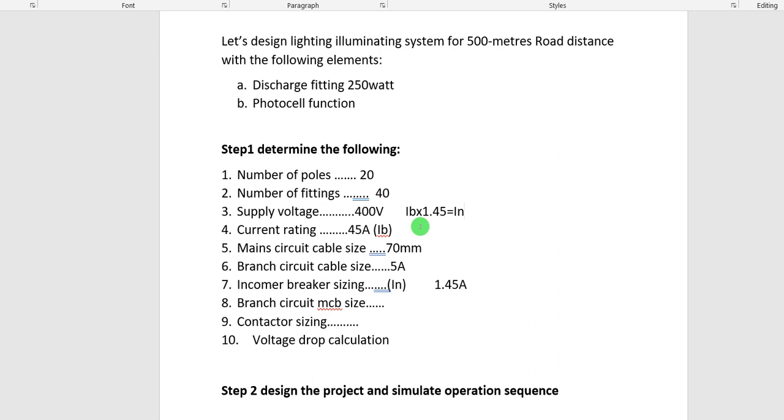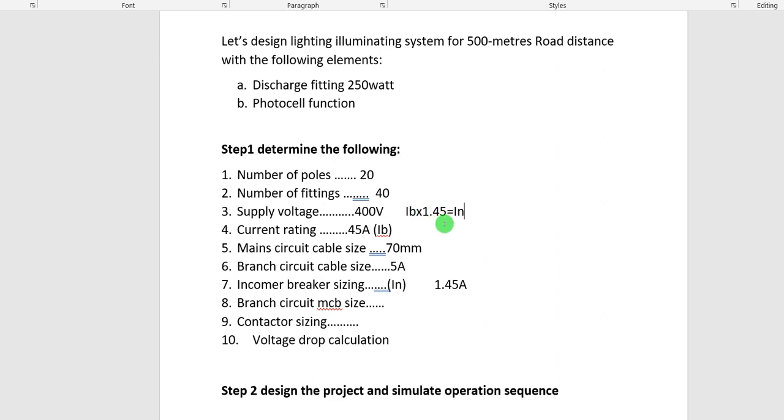Some systems are designed for the loads to come up one after the other. In some situations, they will come up simultaneously. So that is why we have to increase this to be able to carry.